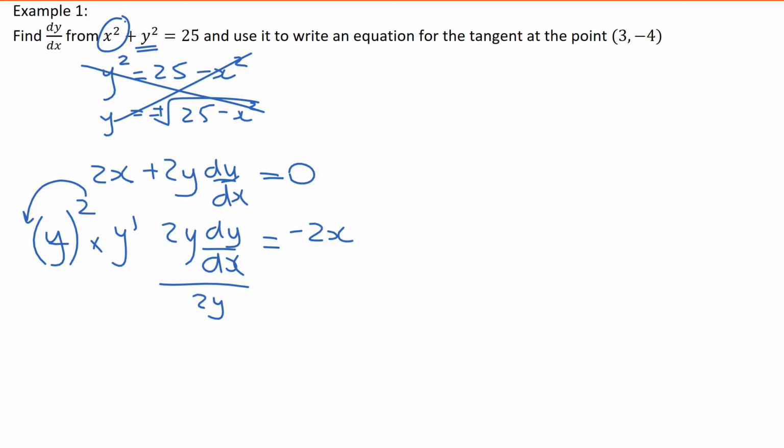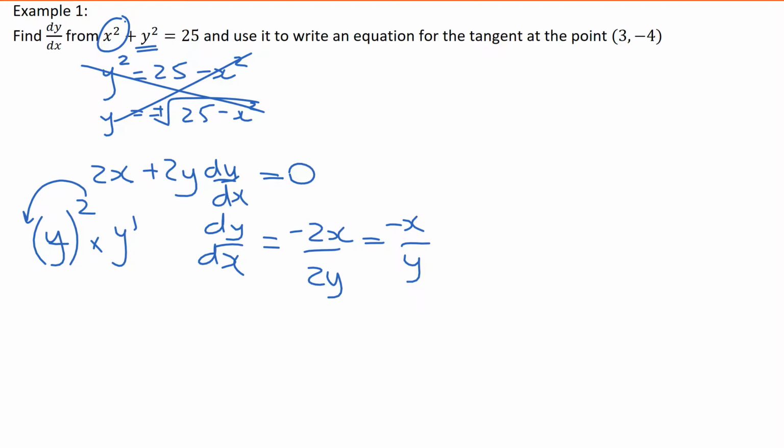Divide by 2y, and dy by dx is just negative 2x over 2y, which is just negative x over y. So at the point 3, negative 4, what's the gradient? The gradient is negative 3 over negative 4, which is just 3/4.